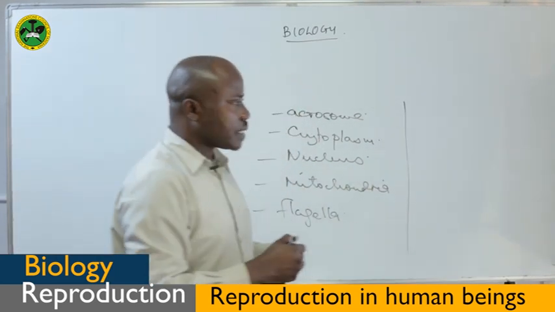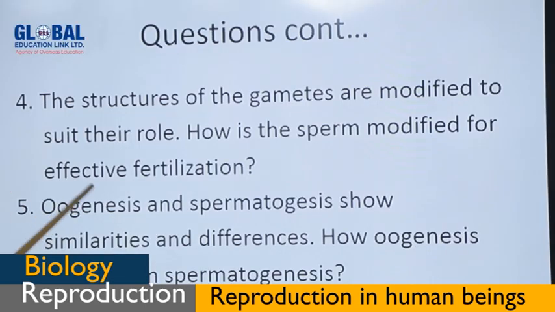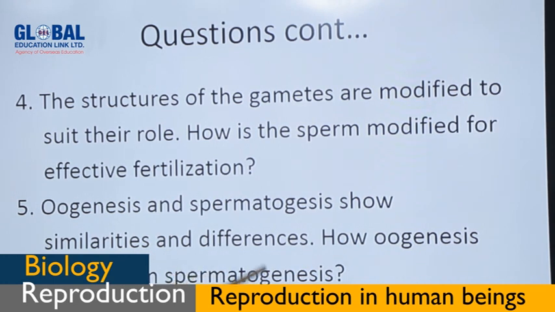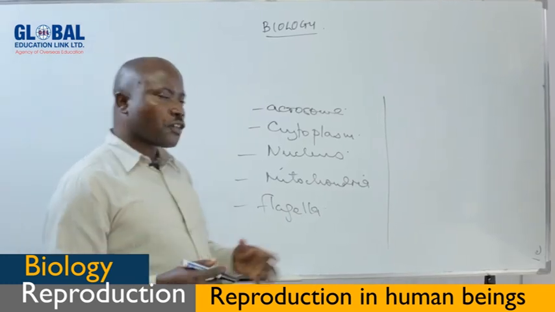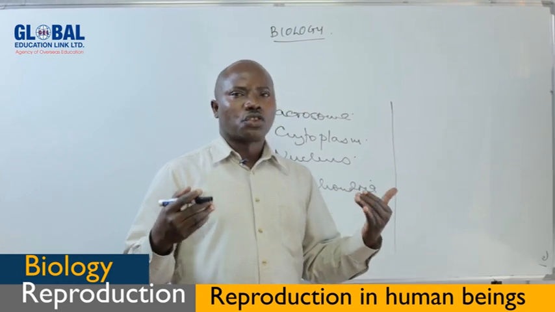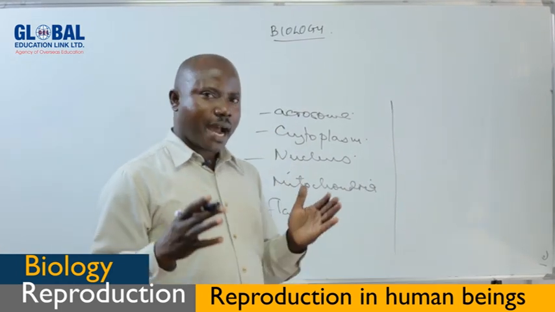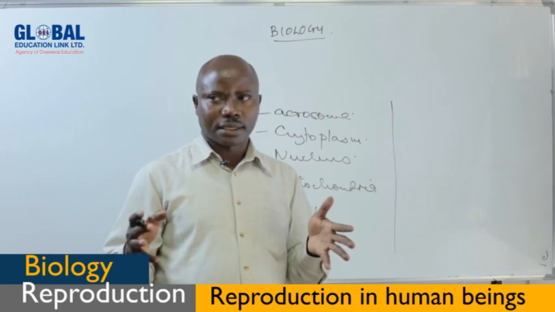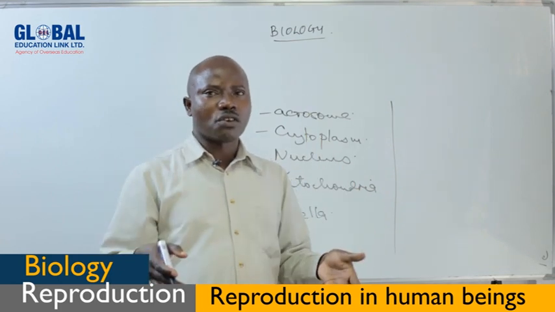But the next question says, oogenesis and spermatogenesis show similarities and differences. How does oogenesis differ from spermatogenesis? Therefore, you also have to go back to my presentation. I presented spermatogenesis. You saw how the process goes.